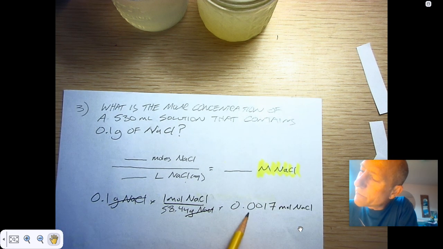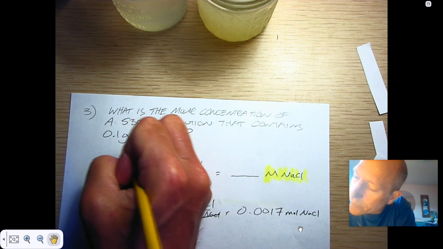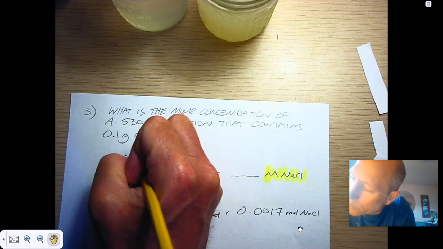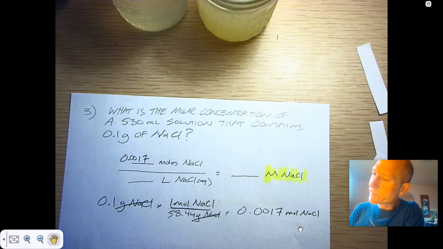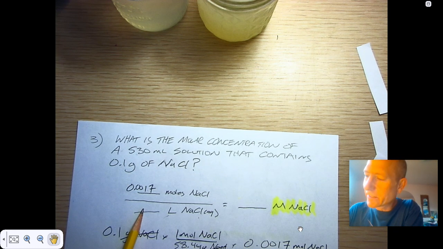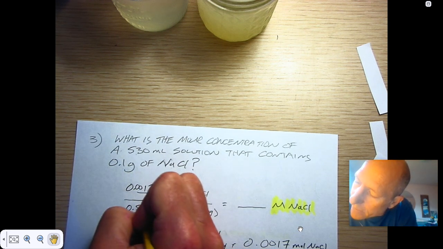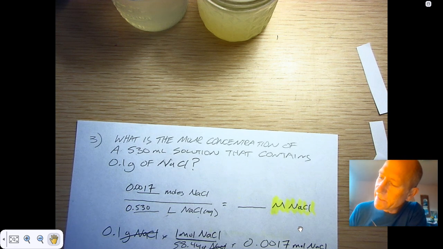So that number is going to go up here. 0.0017 moles of sodium chloride in how much solution? 530 milliliters. But I can't put 530 in here because I don't want milliliters. I would need liters. So that would be 0.530 liters.